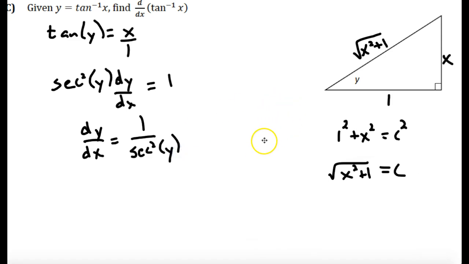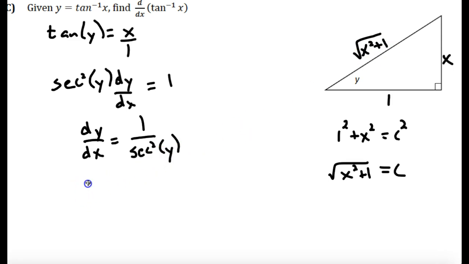Well, if we now think about what secant is, it's the reciprocal of cosine. Here, cosine we know is adjacent over hypotenuse, so cosine would be 1 over the square root of x squared plus 1. So secant would be the reciprocal of that, the square root of x squared plus 1 over 1. Well, we have secant squared. So secant was this over this, and secant squared is just going to be this squared, right?